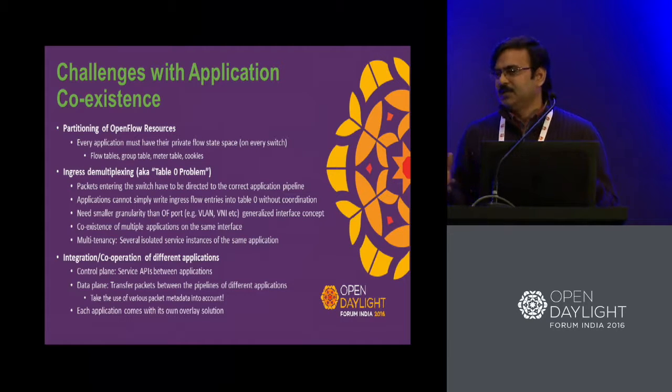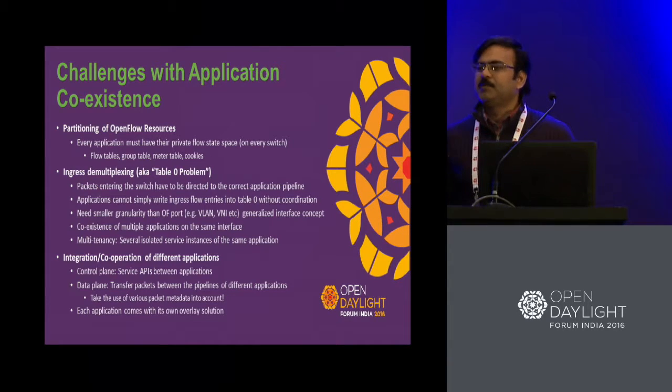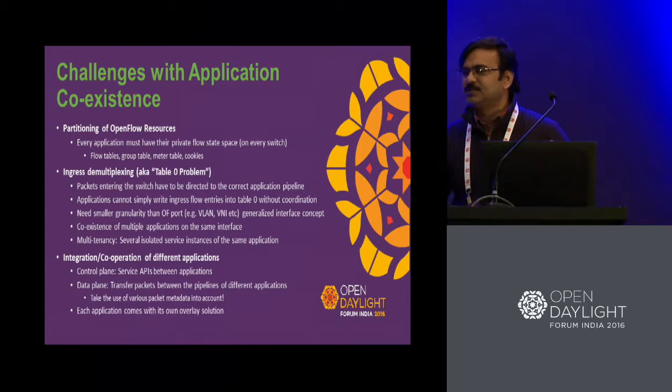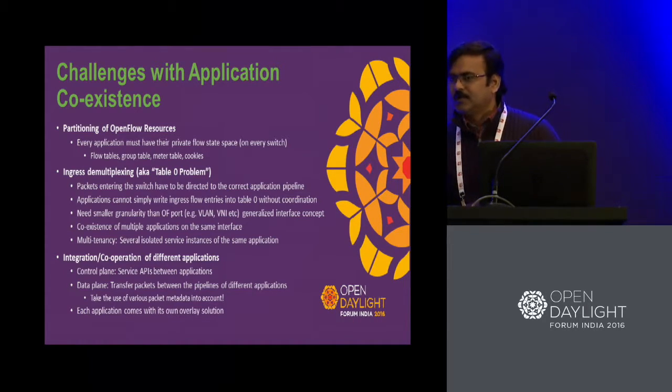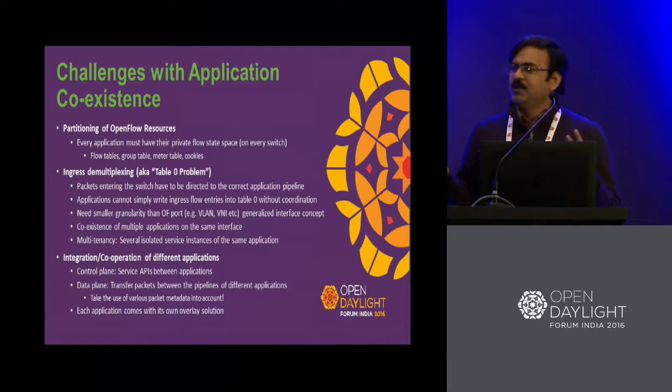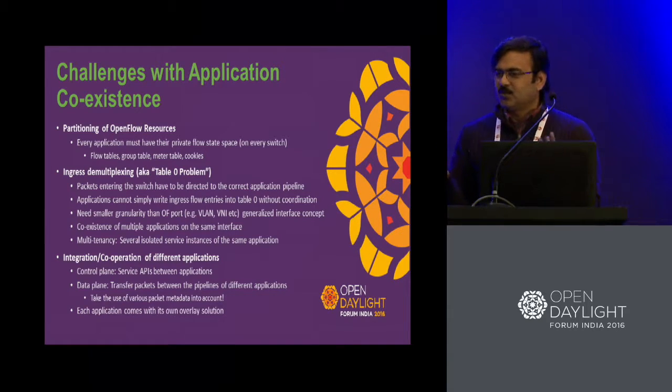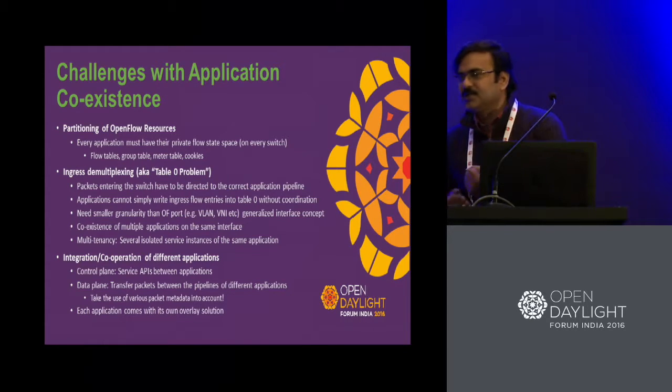What happened was that these different applications were developed independently, and all of them were using the same IDs, table numbers, or group IDs. When these two applications work together, they are actually stepping on each other's resources.